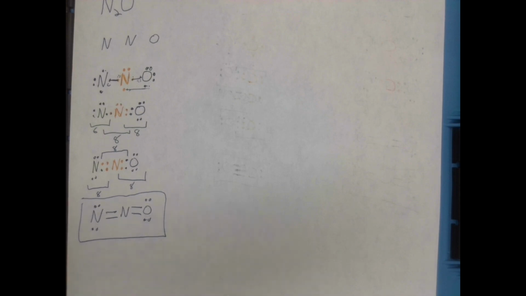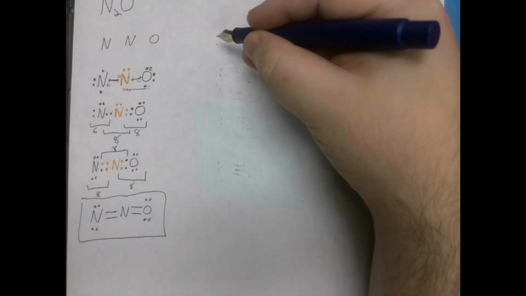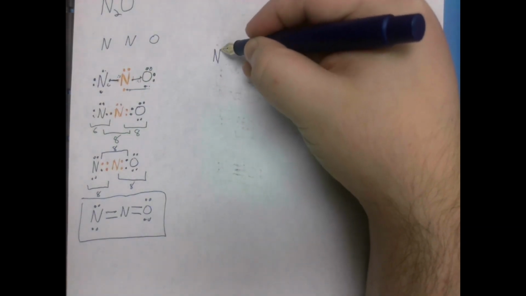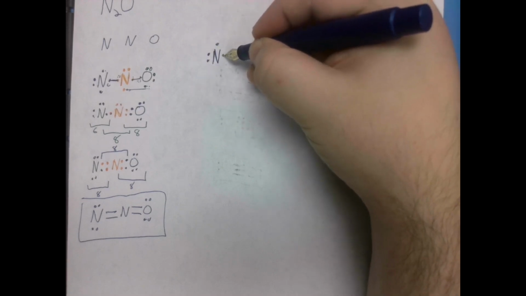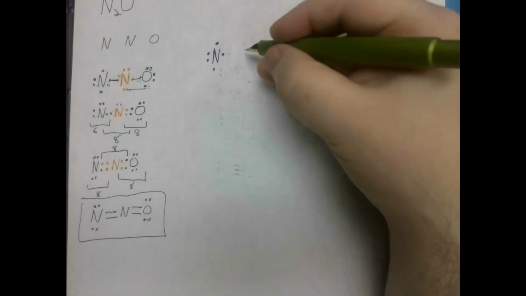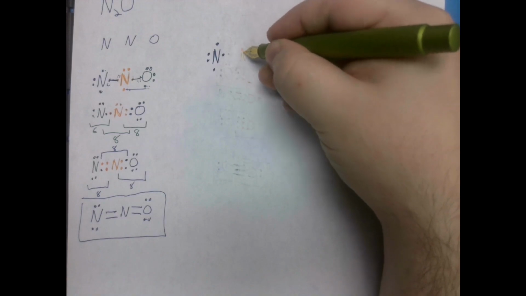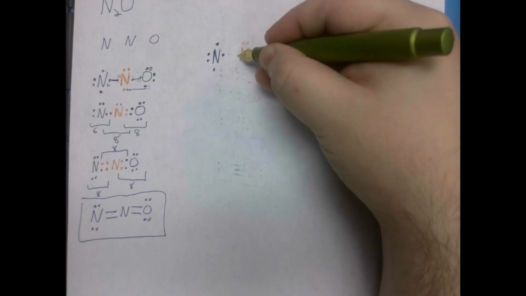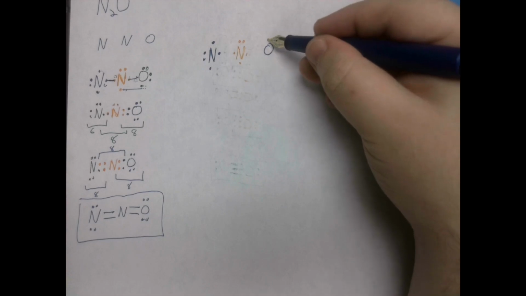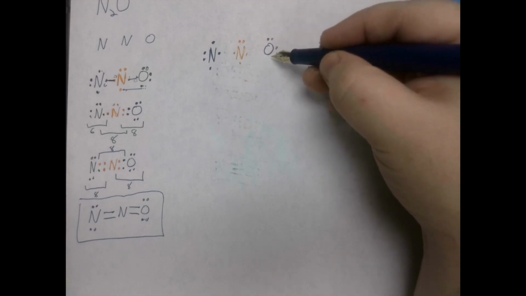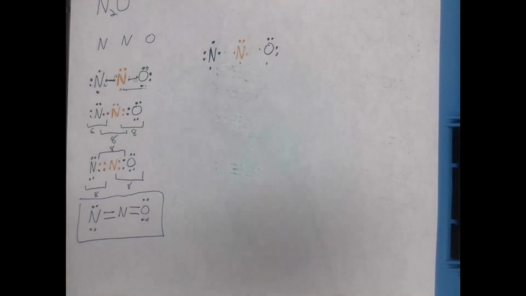All right. So let's do this again. Now I know one of the most stable configurations is a triple bonded nitrogen atom.